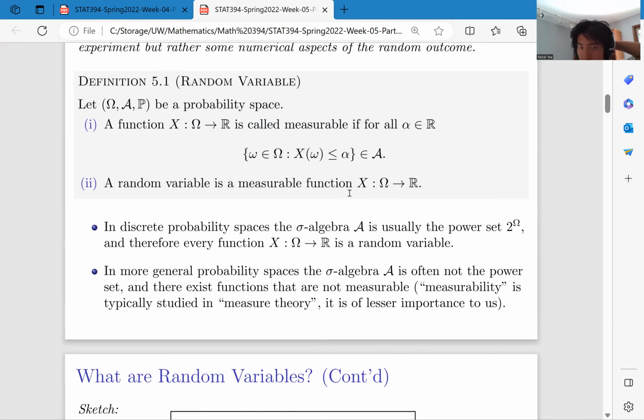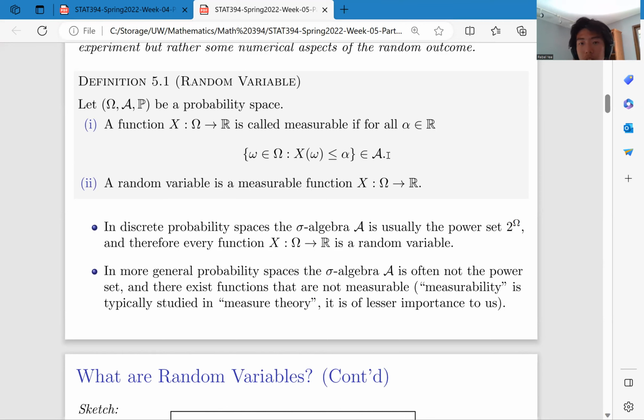If alpha is a real number, it can be infinitely large, no problem. It can grow infinitely large, but the core of this definition is that all the outcomes from this probability space belong to some fancy A, which is the power set, or the sigma algebra.